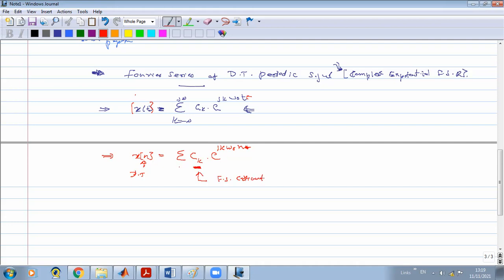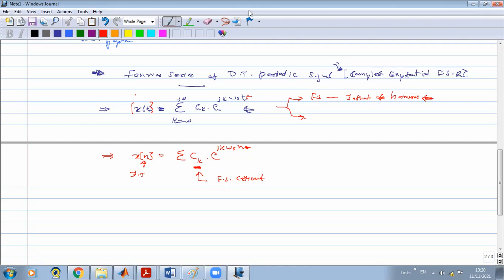In the case of a continuous time signal, you can remember that this k can go from minus infinity to plus infinity. Sometimes you can memorize that some Fourier series have an infinite number of harmonics. Can you remember that? We call this Fourier series by a special name. What is that?